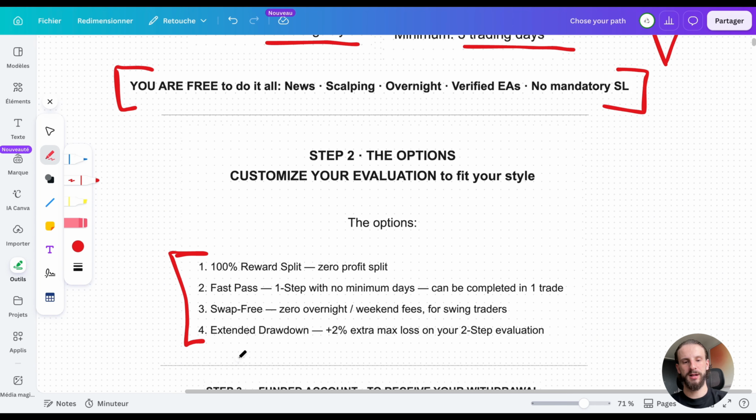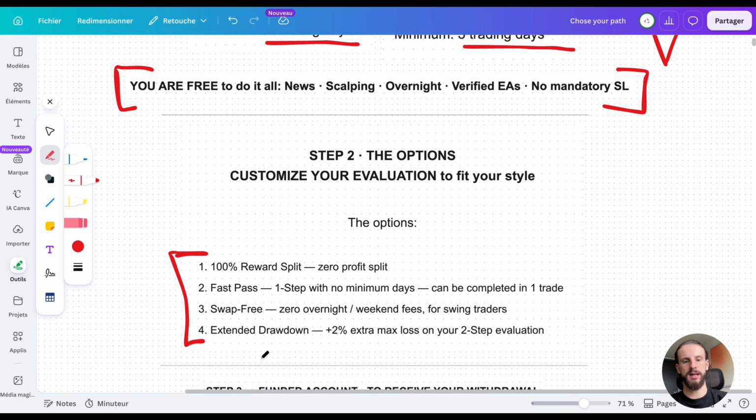Then you have the swap free option. With this option, you pay 0 overnight and weekend fees. Maybe you're a swing trader, so you like to hold your position for a while. This one could be interesting for you.